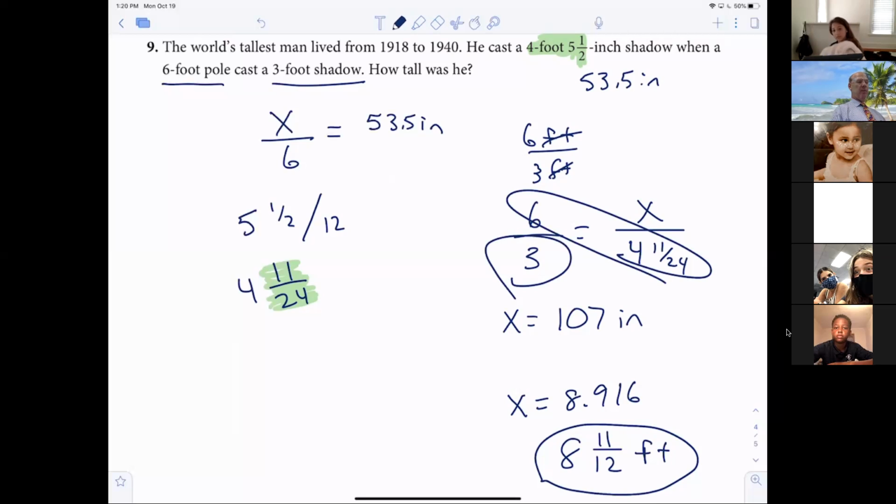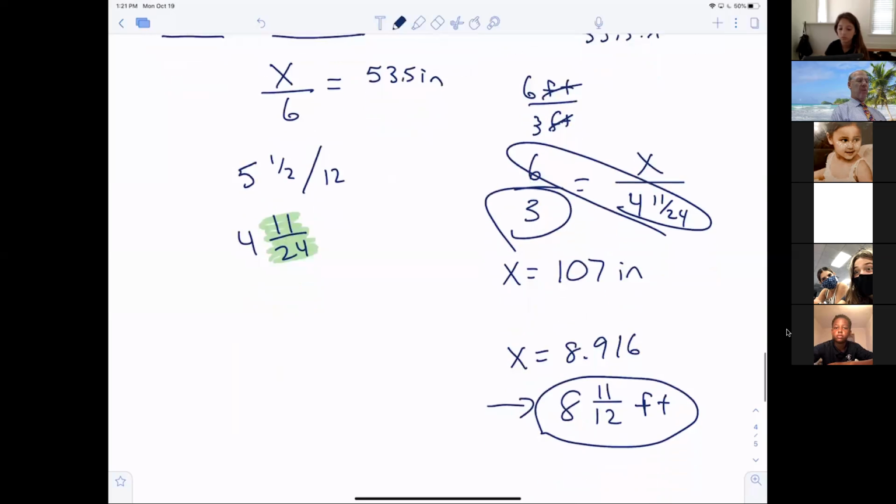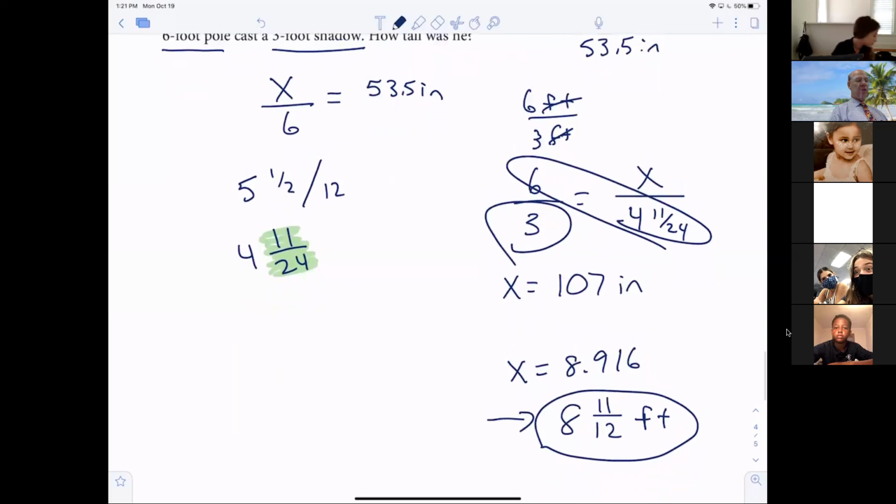I have a question. Yeah. So, how did you convert it into a fraction? I don't know what you mean. Well, because on my calculator I did it and I got 8/229/250. Like, did you get the 8.916 number or what?